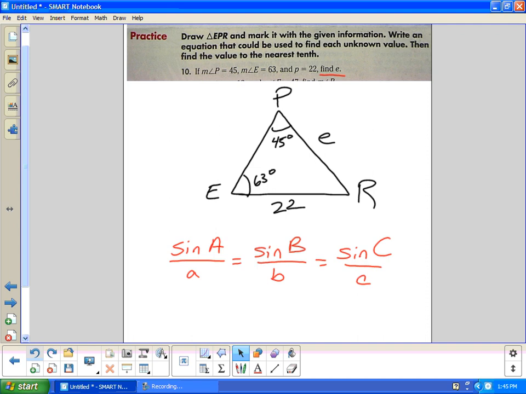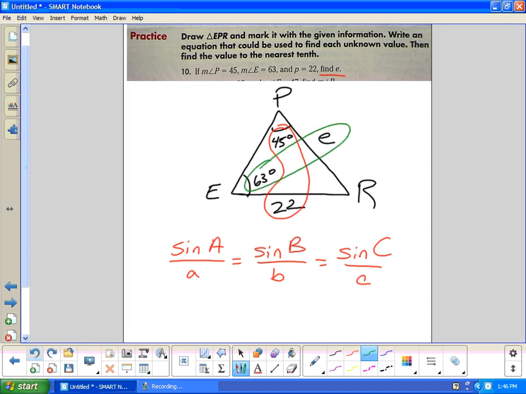So anytime I have an angle and the leg on the same side of the triangle, okay, I have enough to make this ratio. And in this case, I want to do P because I have the angle and the length, and I want to do E because I have the angle and the length. So really, I'm changing this to capital P and little p. I'm changing this to capital E and little e.